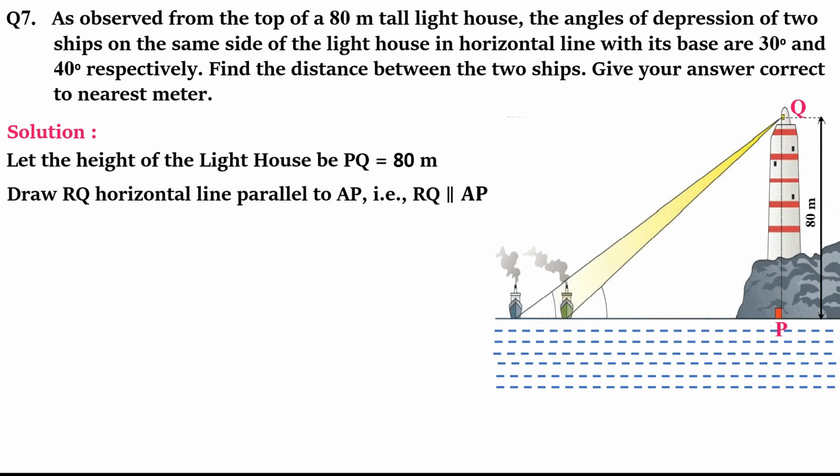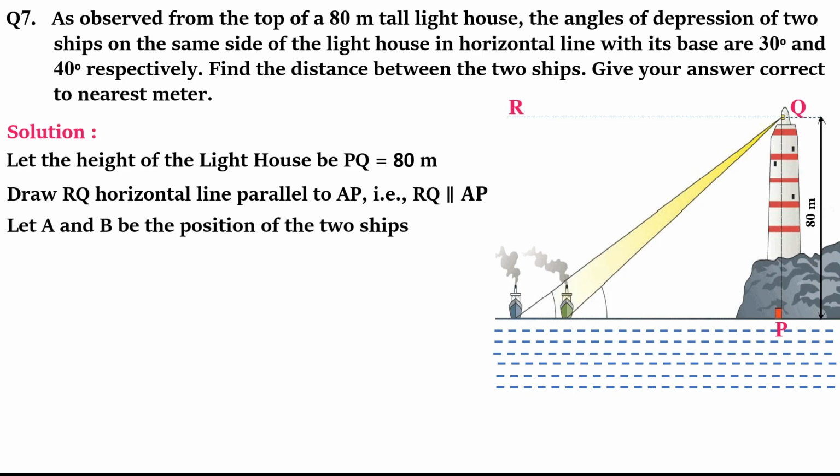So we have to draw a horizontal line, a line parallel to the surface of water. Let us mark this as RQ, and RQ is parallel to AP. AP we have not marked. Then what is A? A and B are the two positions of the ships.